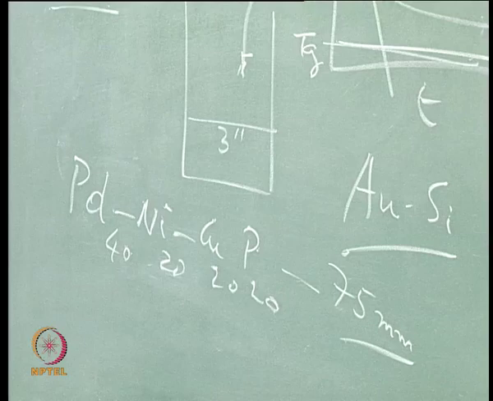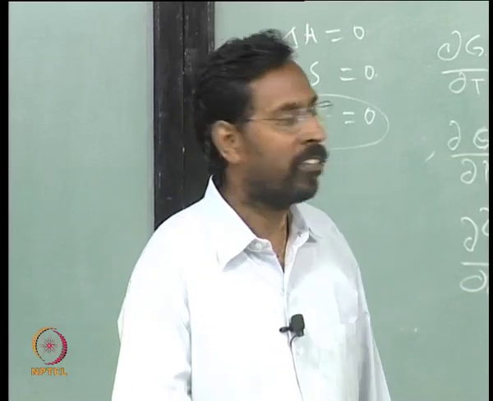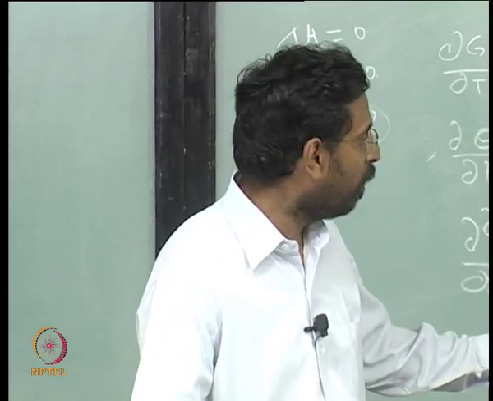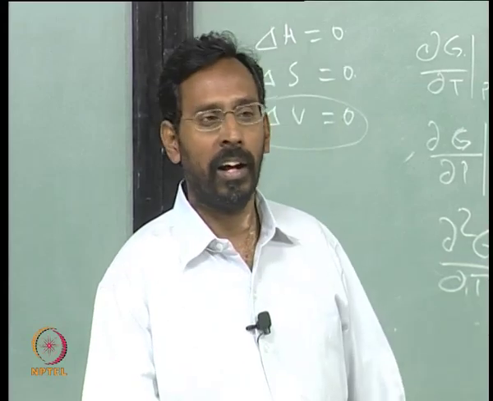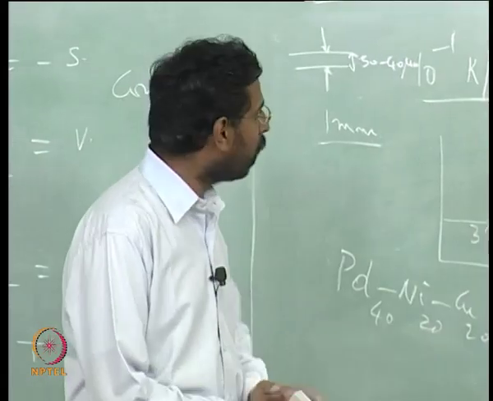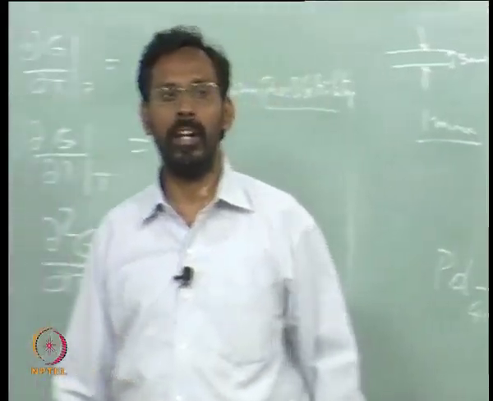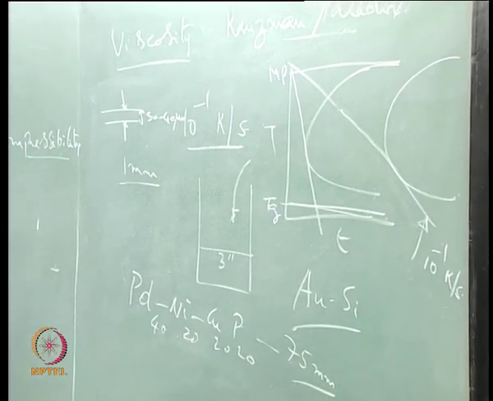That is the best glass forming alloy so far, and there are so many others with different thicknesses, of the order of 30. Most of the zirconium based alloys have very high glass forming ability, with 30 millimeters critical diameter. So like that we have a number of systems. You can see the whole concept of glass forming ability comes from the same TTT diagram which we are all familiar with in the case of steels. Okay, we will stop here.